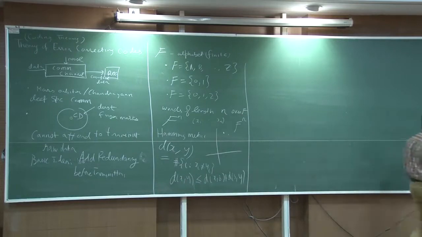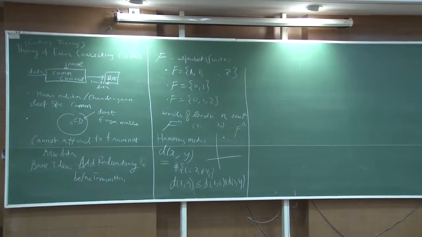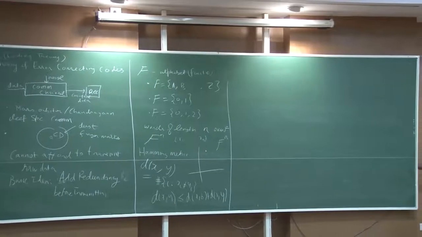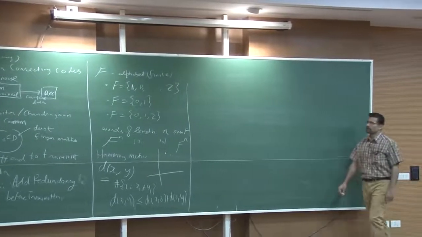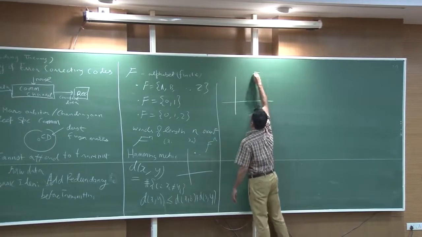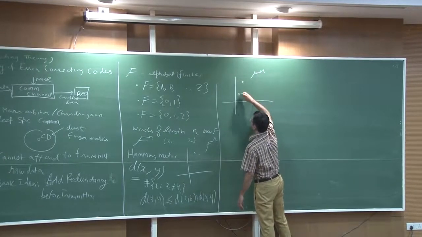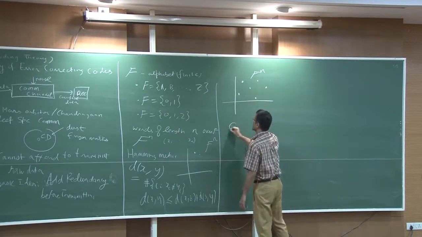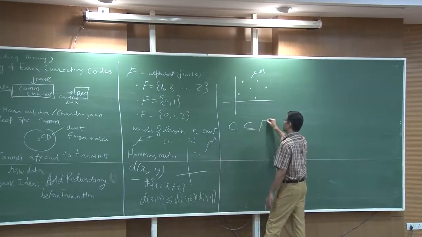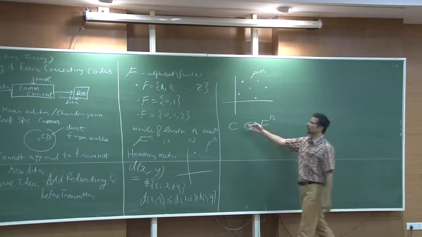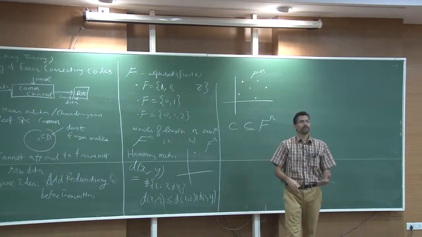Your information doesn't necessarily look like words of length n from your alphabet, but what you will transmit is, let me draw a picture again, whatever data you want to transmit in the form of some subset called a code. C is a subset of F to the n. These are the words which you actually end up transmitting.